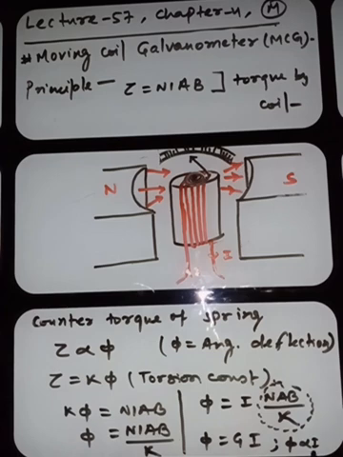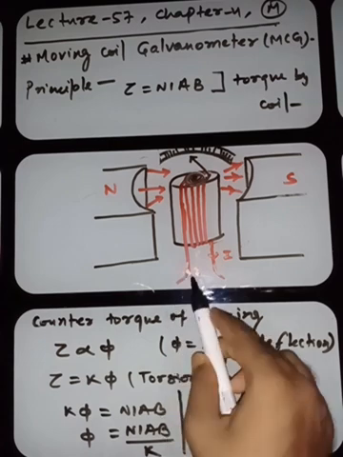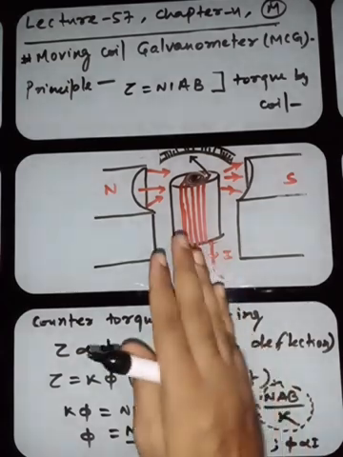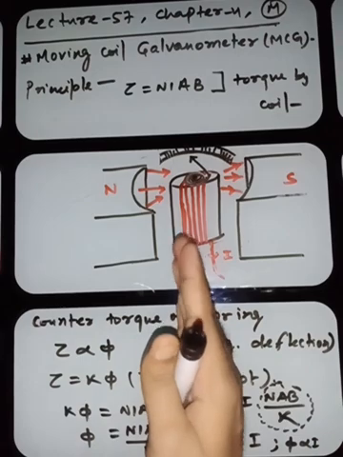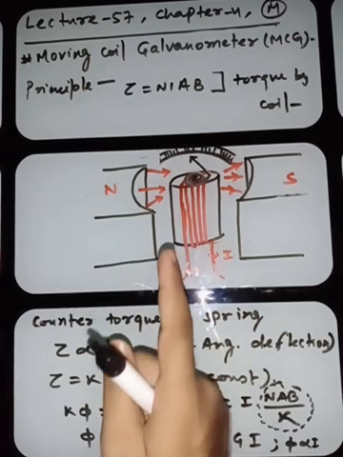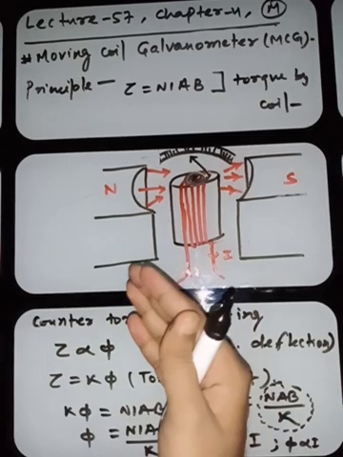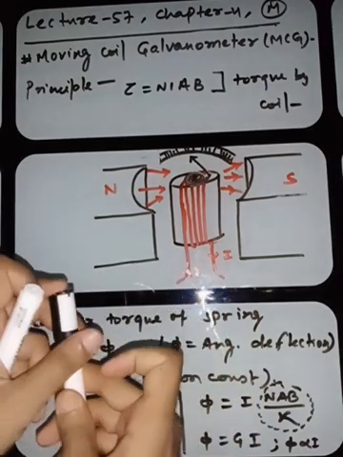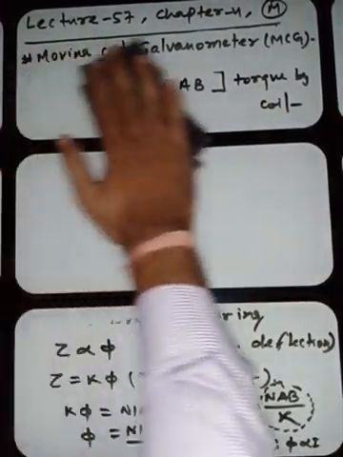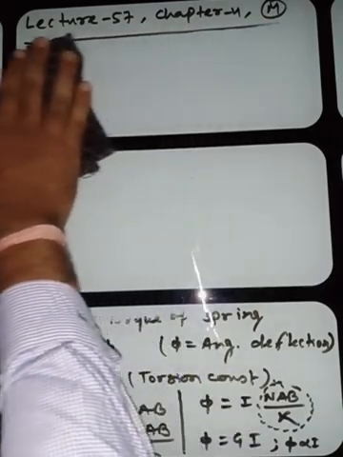As you decrease the current, the deflection will decrease. If you give a very small amount of current, it will deflect by a very small amount. How much it will deflect depends upon the sensitivity of this galvanometer. That is our next topic we are going to cover here, the sensitivity of the galvanometer. All right, so give the heading: sensitivity of galvanometer.